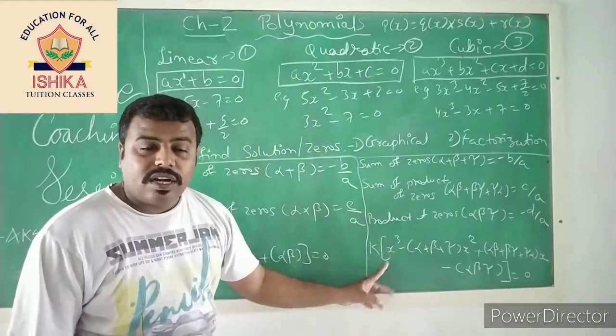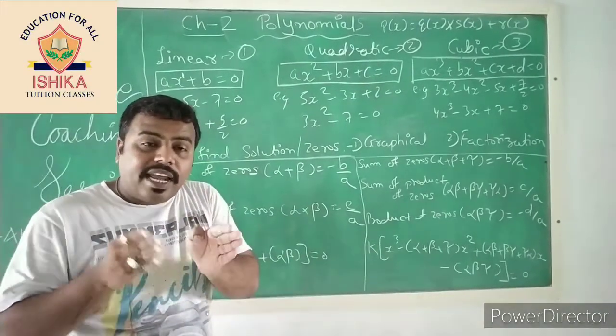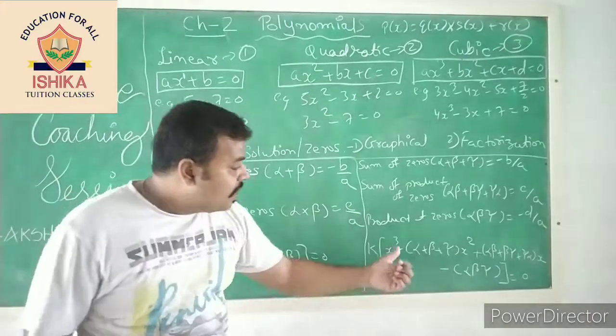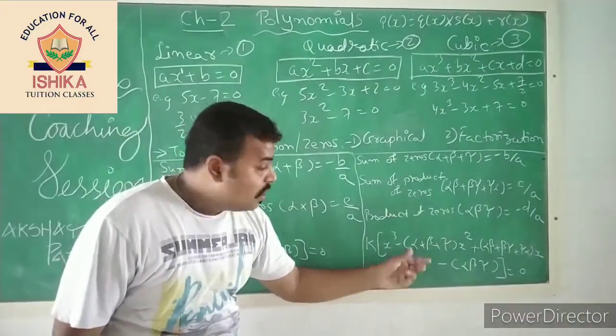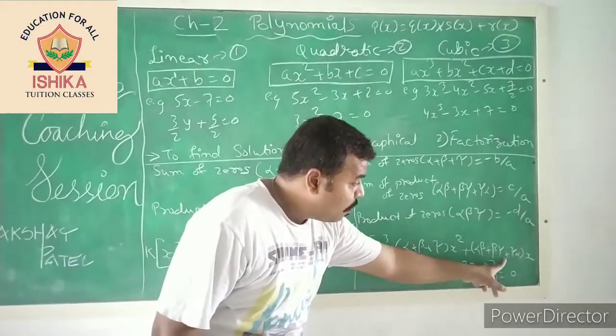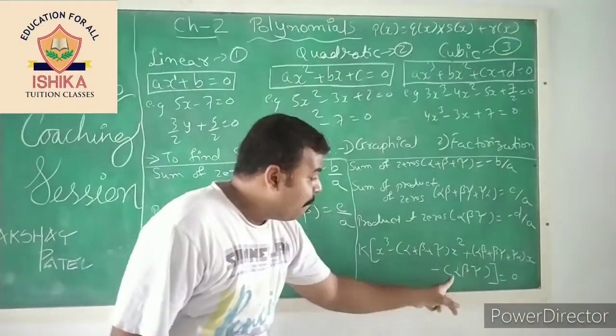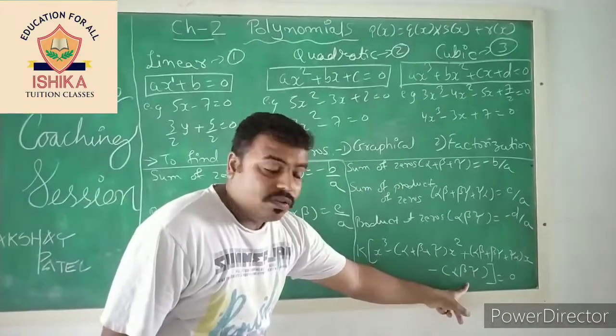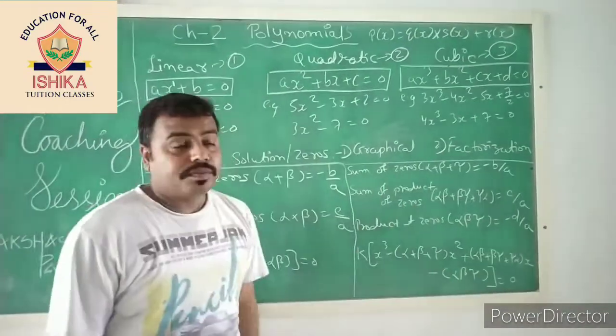Here k is a constant. You have to simply write k into bracket x cube minus sum of the zeros into x square plus sum of the product of zeros into x minus product of the zeros, equal to 0.